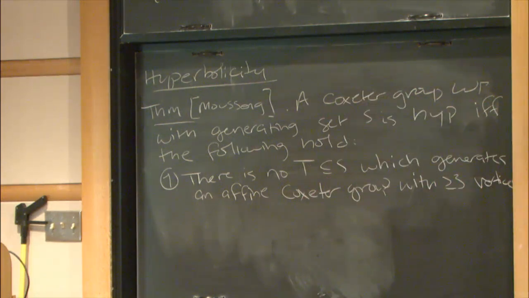So that means we can't have any of these guys, except this one is OK because it only has 2 vertices. But any of these other guys we can't have, or else it's not hyperbolic.